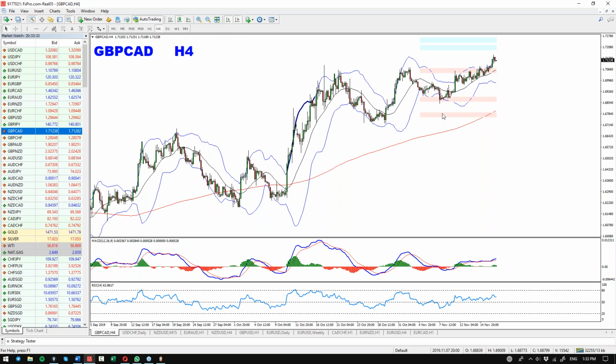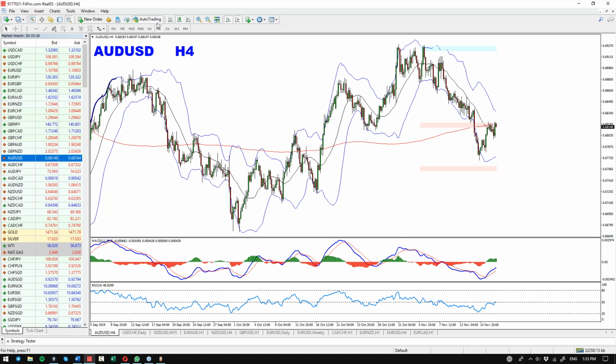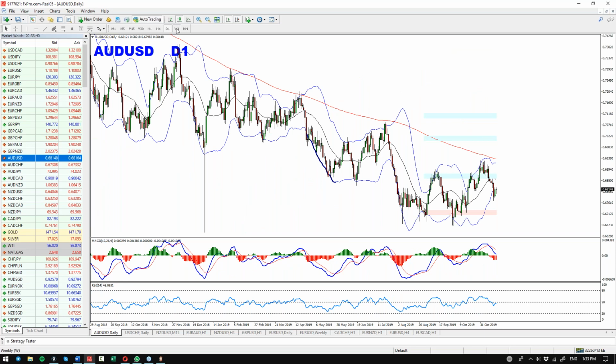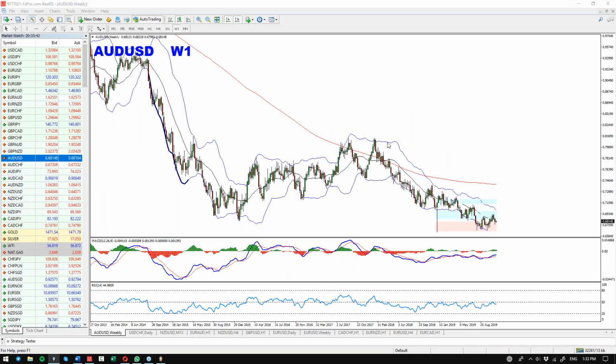All right, next ones. The New Zealandian pairs and the Australian pairs. So the Australian dollar is the first one. What do we have with this pair? Double cycle. Of course, we can go and do it like a triple here as well.